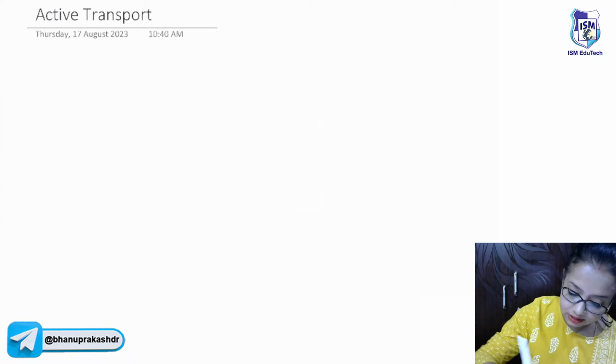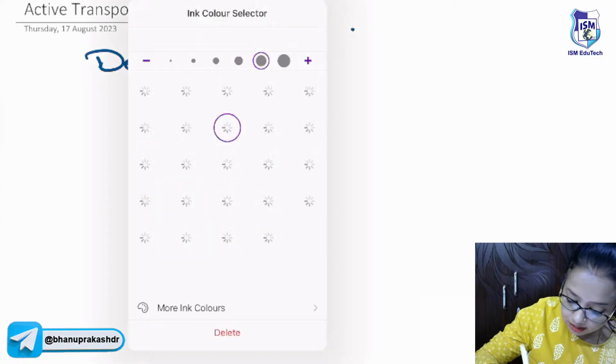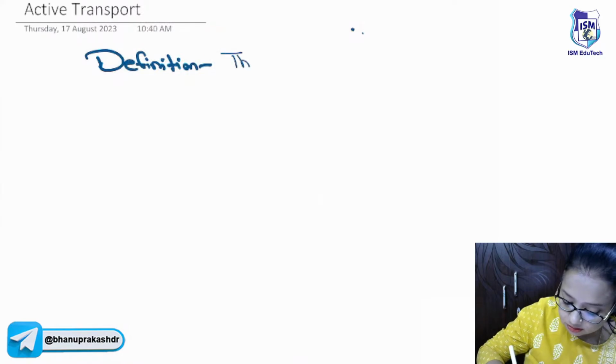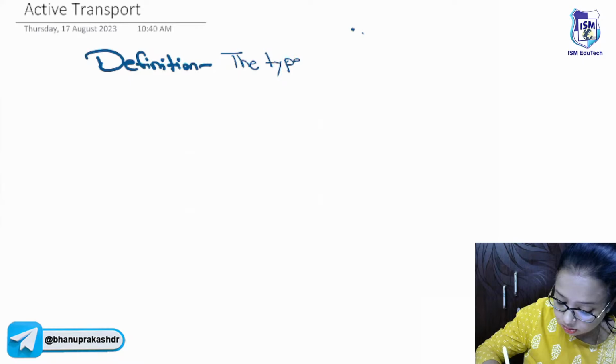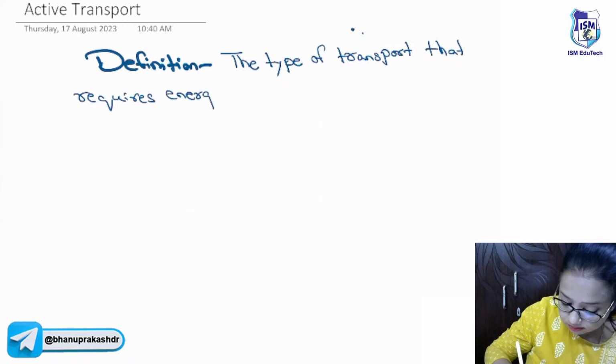So by definition, active transport is the mode or type of transport that essentially requires energy.